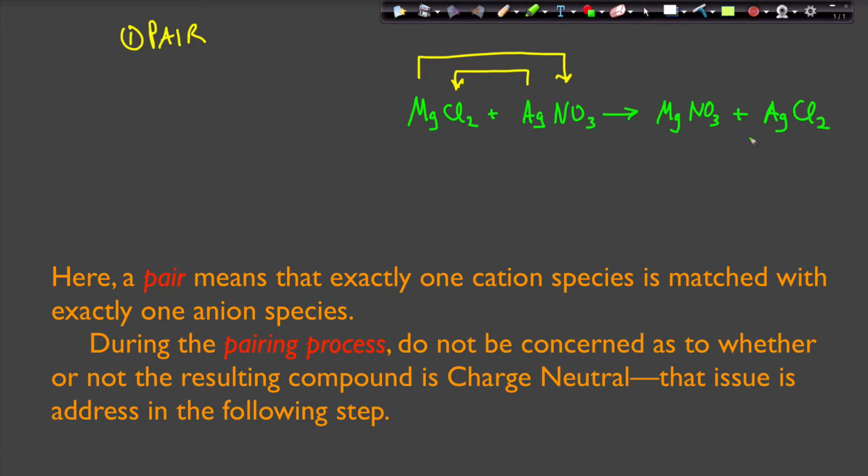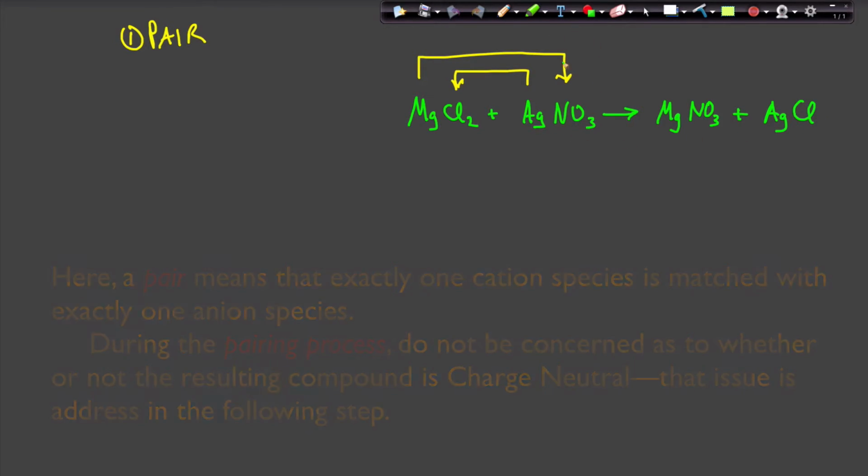I'm not going to pair it with AgCl2 because that would mean I have 1, 2, 3 ions, and that is not a pair. So let me take that 2 off.